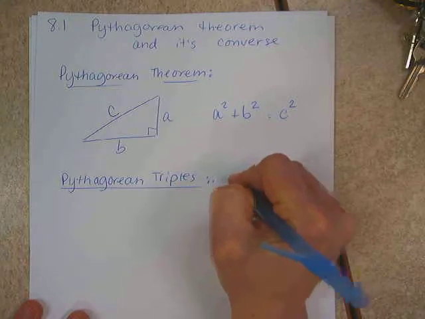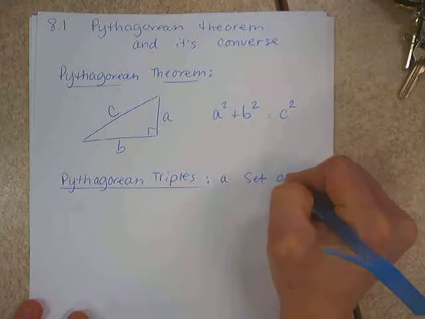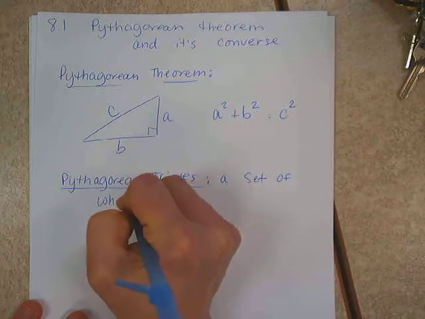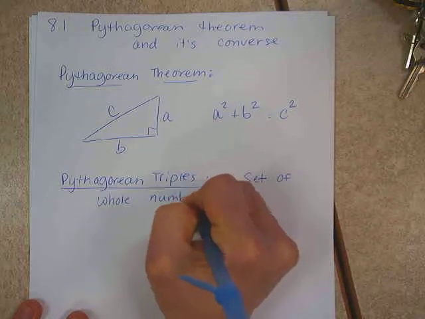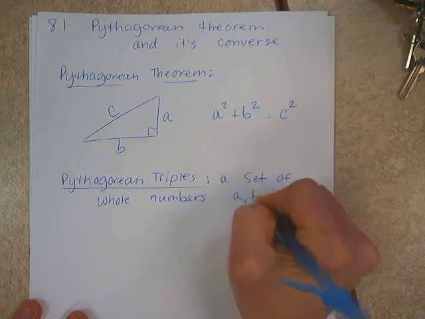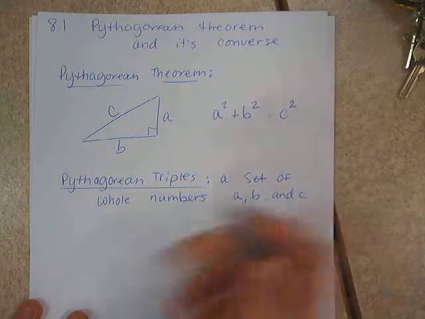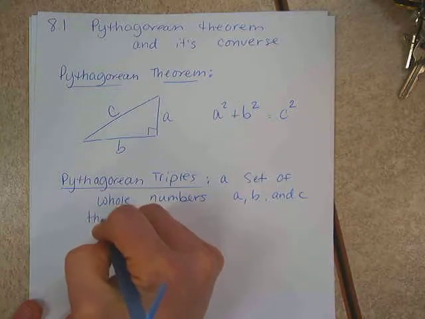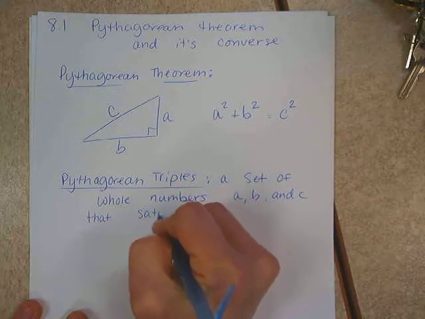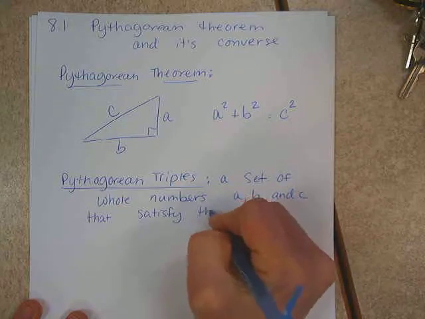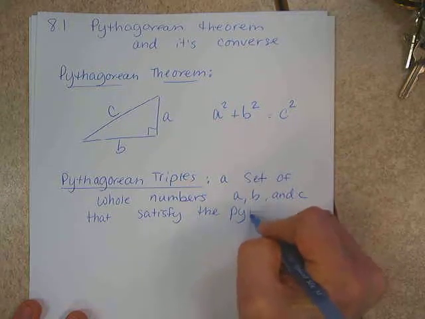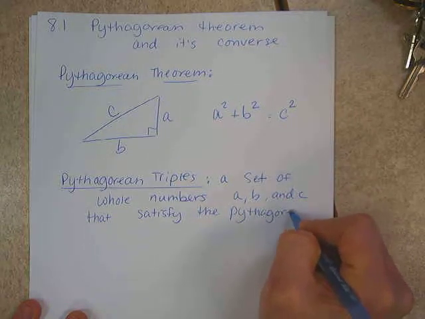Okay, a Pythagorean triple is a set of whole numbers A, B, and C that satisfy the Pythagorean theorem.